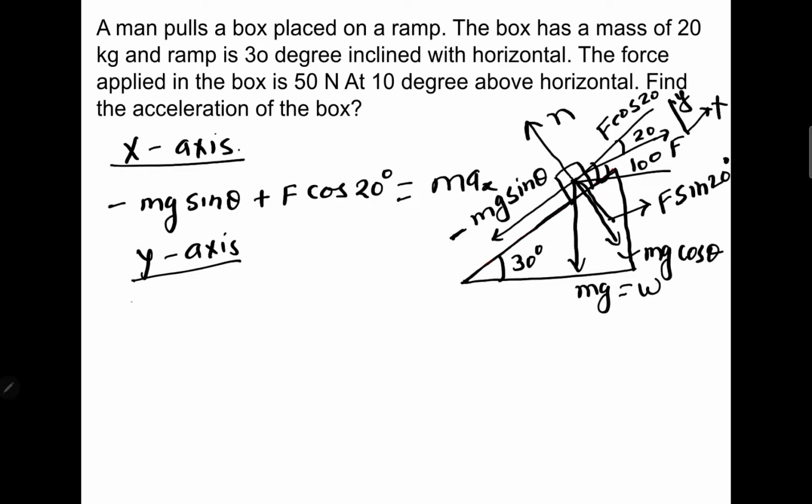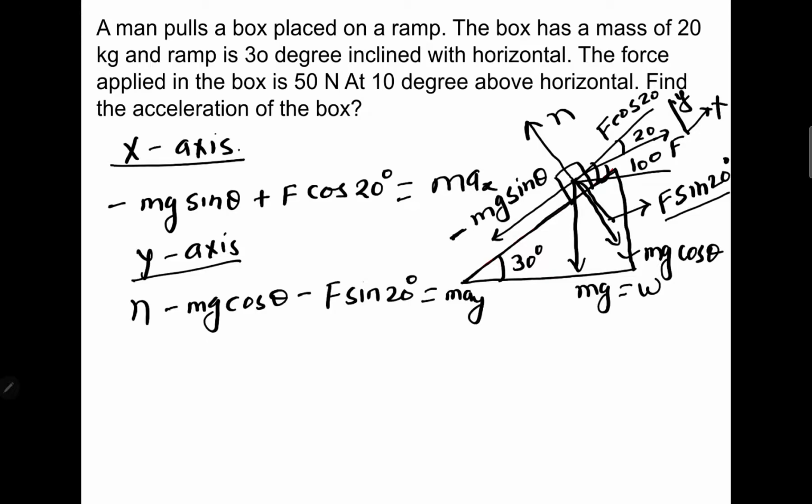One is the normal force, straightforward, minus mg cos theta. Theta is 30 degree for this one. And again minus, this is the negative y-axis, right? F sine 20 degree is equal to may. That is the y acceleration, right?